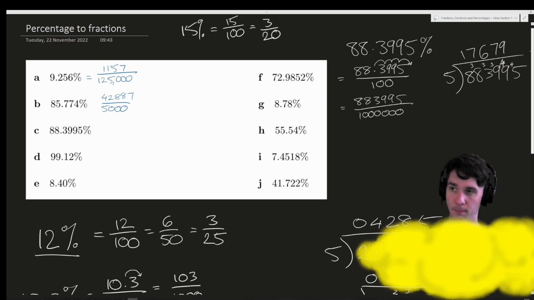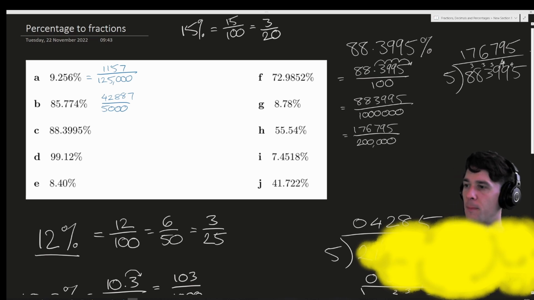And 45 5 times. So we're going to have 176,795 over 200,000, which is 1 million divided by 5.